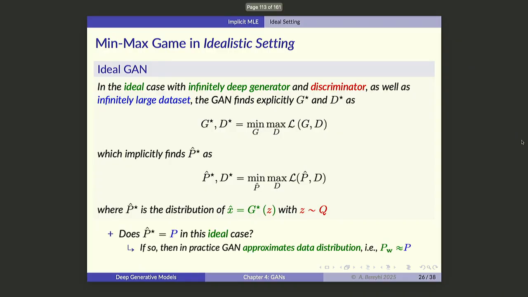Okay. So now, the thing that I want to show you here is that if I solve this second implicit min-max problem, then this P hat star that you see here is going to be P, the data distribution. If I can show that, then I eventually say that when I explicitly solve the min-max problem, the output of the generator is looking like the data distribution, a sample of the data distribution.